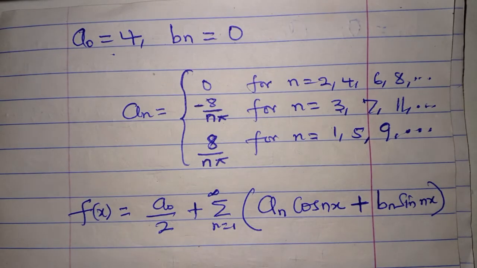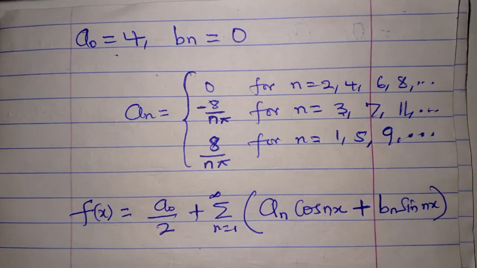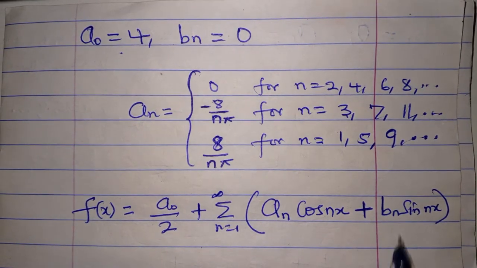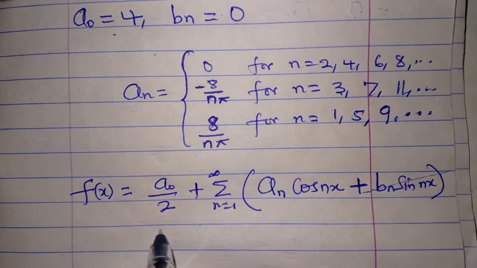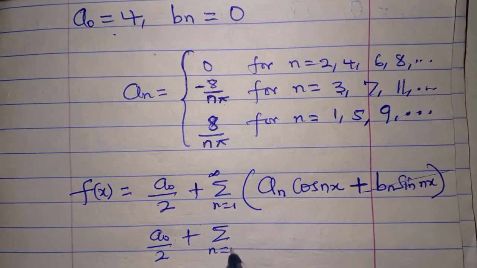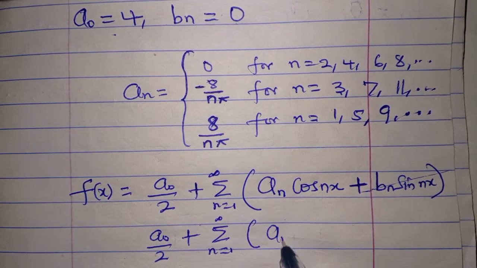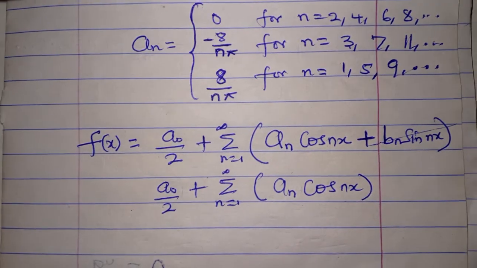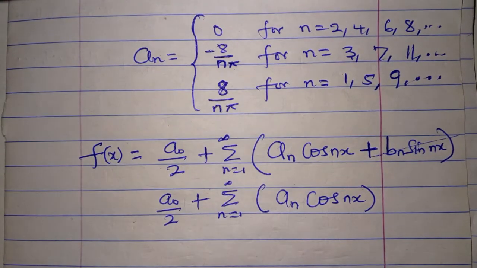As far as this periodic function is concerned, b sub n is always 0 for all n. So we may exclude this particular term. We'll just be dealing with a naught over 2 plus the summation from n equal to 1 to infinity of a sub n cos nx. Just for this periodic function.